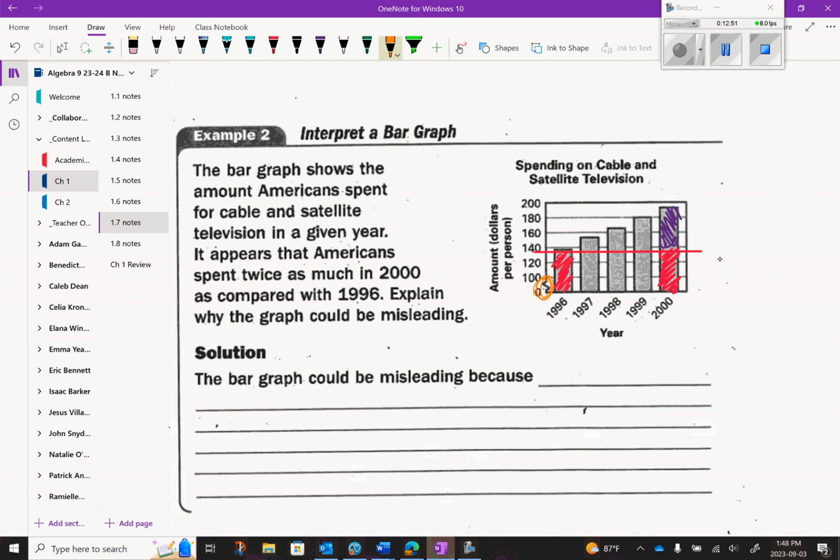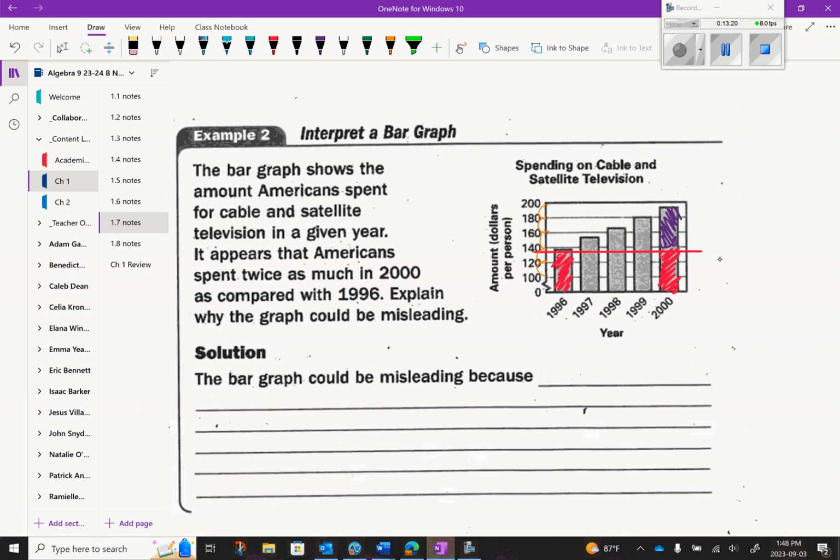From here to here it's 20, here it's 20. After a certain point, those horizontal lines on the graph are evenly spaced. But right here, no, that's a distance of $100 per person where they skipped.